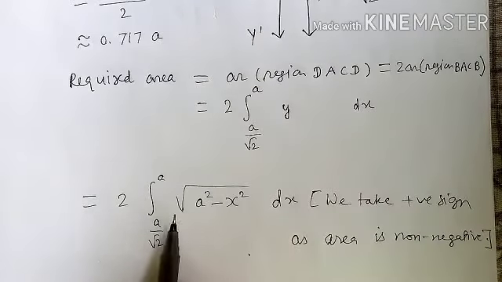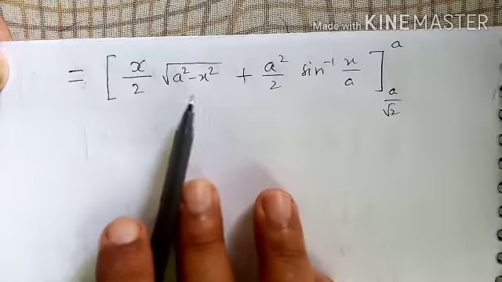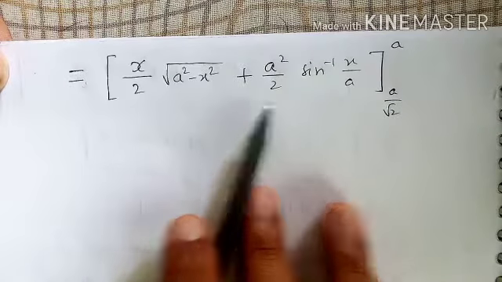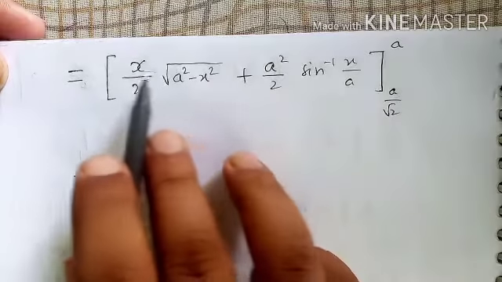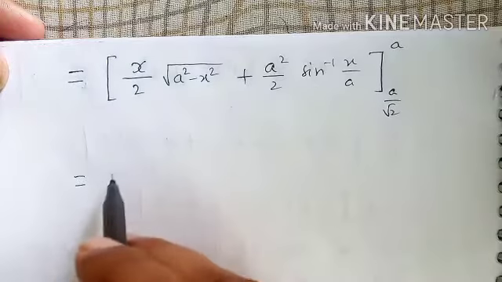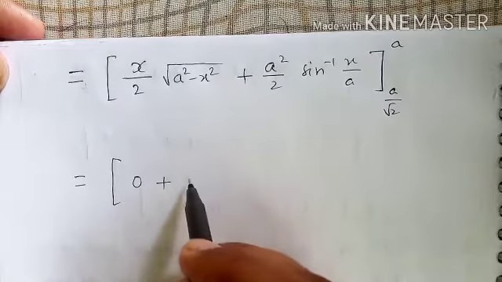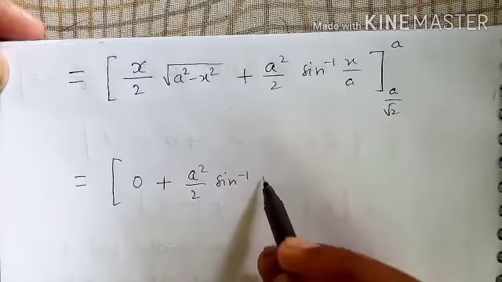Now we know the integral of square root of a square minus x square. This will be x by 2 square root of a square minus x square plus a square by 2 sin inverse x by a. Now we put the value of x as a, then we get here 0 plus a square by 2 sin inverse a by a.